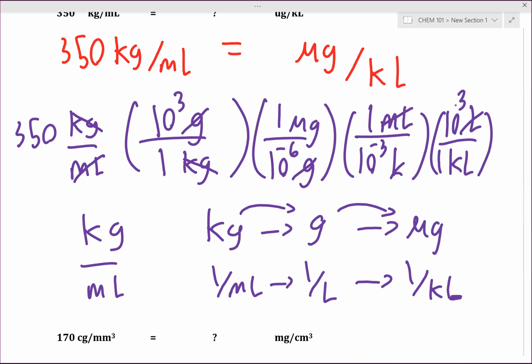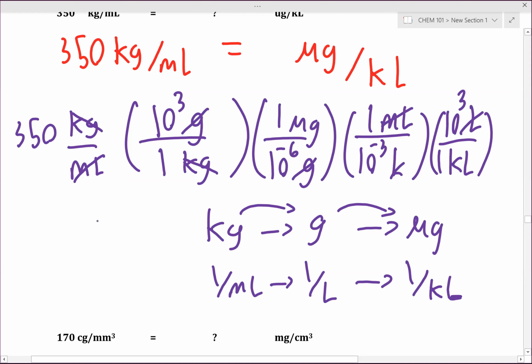If you can generate these conversion factors quickly, all you're doing is changing which portion of the conversion factor is on the top and which one's on the bottom to cancel out your starting units and to reach your desired units. As a side note, please do not go from prefix to prefix. Oftentimes when students try to cut out steps from this process, they make mistakes. It doesn't work well.